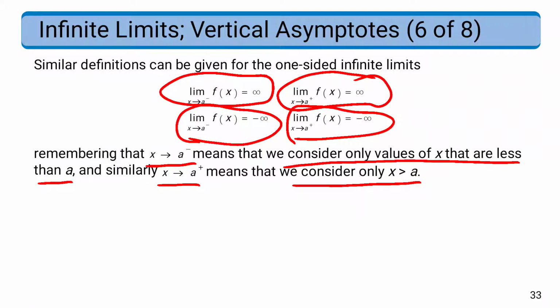But be careful, these one-sided limits still apply with infinity: the limit of f of x can be infinity as x approaches a from the left, and also positive infinity as x approaches a from the right, or the limit of f of x can be negative infinity as x approaches a from the left, or negative infinity as x approaches a from the right. Those are all the possible cases that we can have.